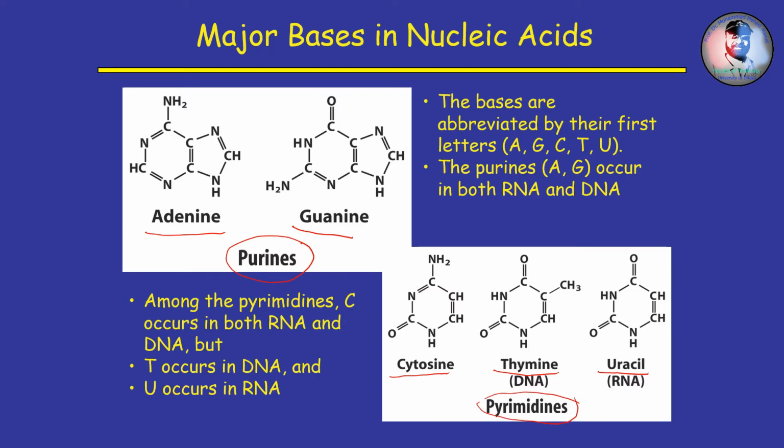The bases are abbreviated by their first letter, that is A, G, C, T, U. The purine bases, adenine and guanine, are present in the nucleotides of both RNA and DNA. Among the pyrimidine bases, cytosine is present in the nucleotides of both RNA and DNA, but thymine is present in the nucleotides of DNA and uracil is present in the nucleotides of RNA only.